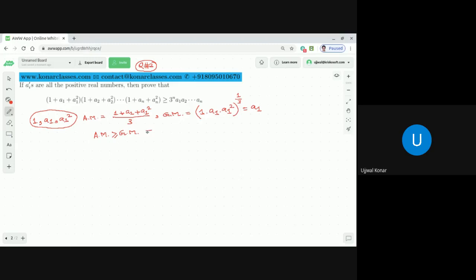That actually helps us to conclude that (1 + a1 + a1²) divided by 3 is greater than or equal to a1.